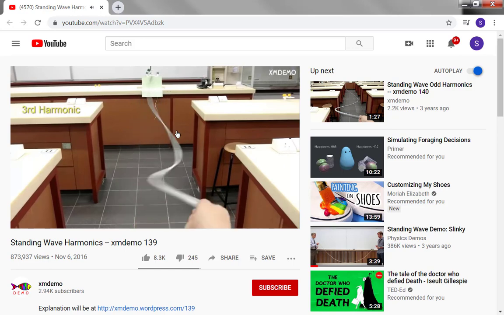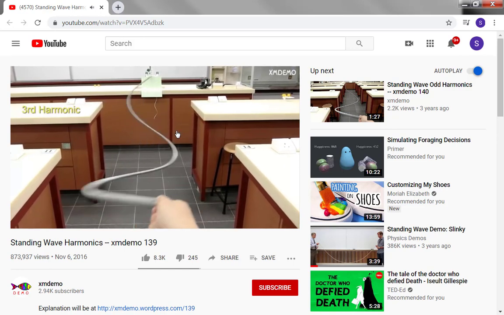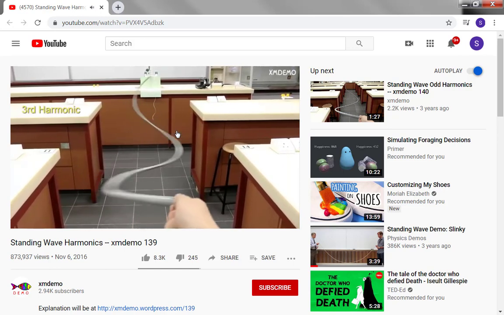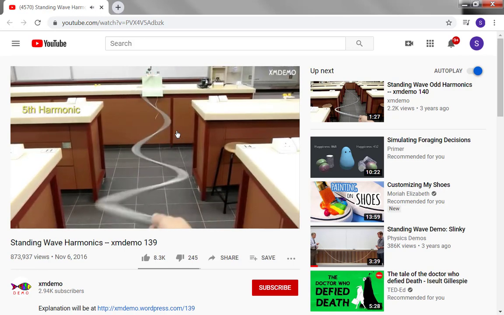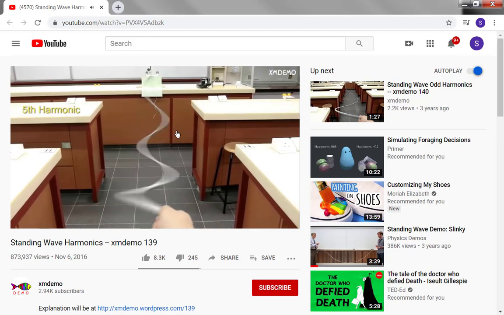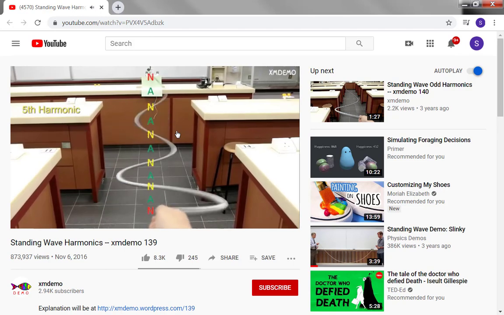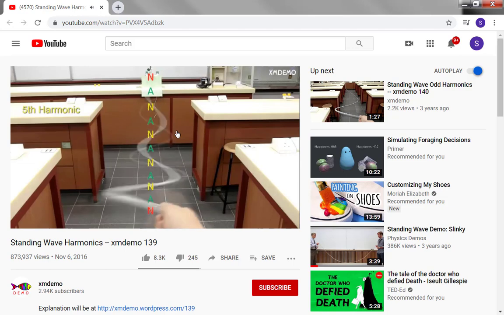Here is the third harmonic. Now we have three antinodes and four nodes. I don't know why he couldn't get the fourth, but he does the fifth harmonic through the eighth harmonic, showing you the nodes and antinodes for each one along the way.